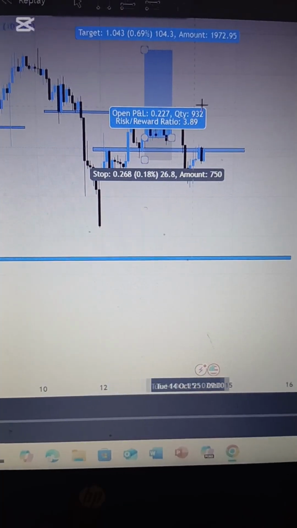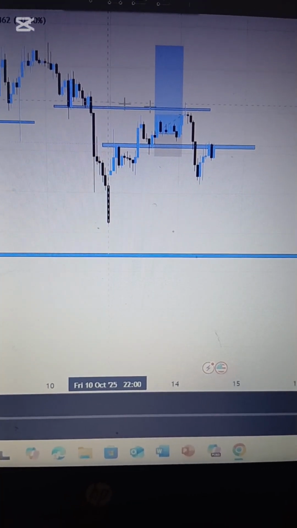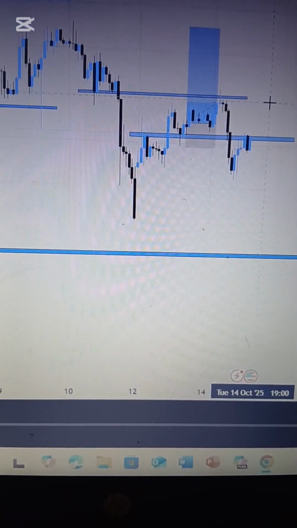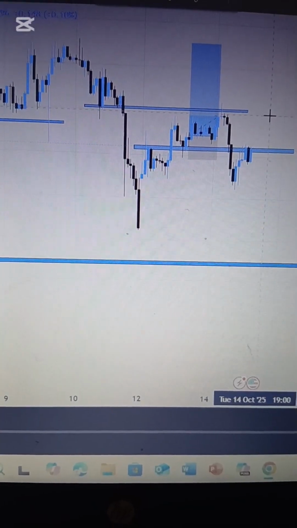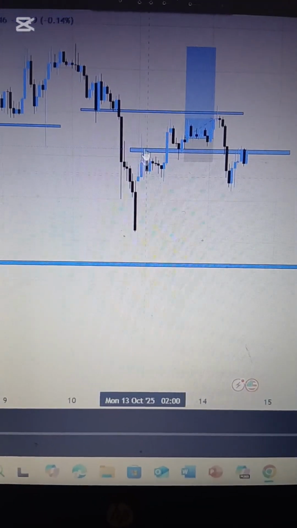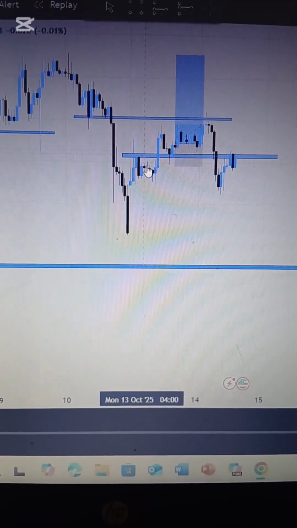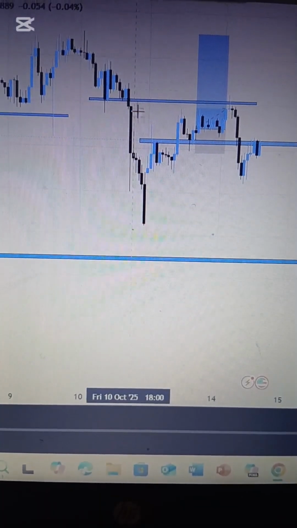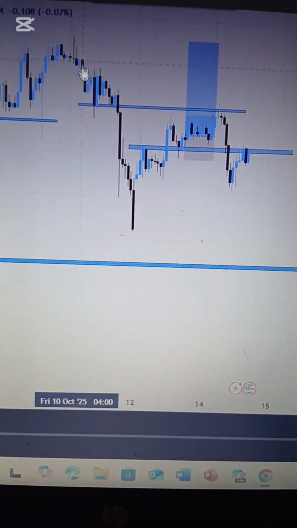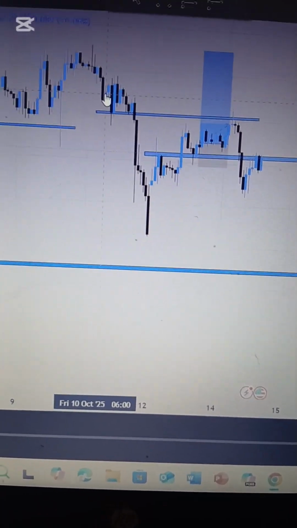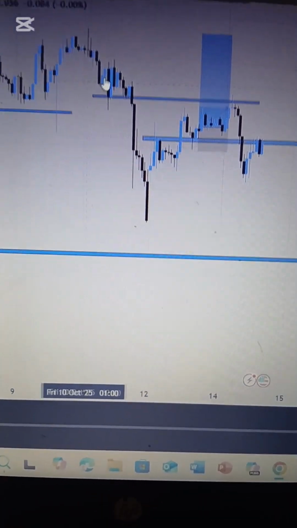Now I can say that next time, I will check both sides of the market, the bearish side and the bullish side, because currently the market is on a bearish trend. I didn't forget, but I overlooked that.